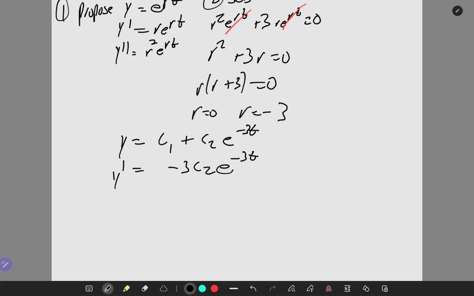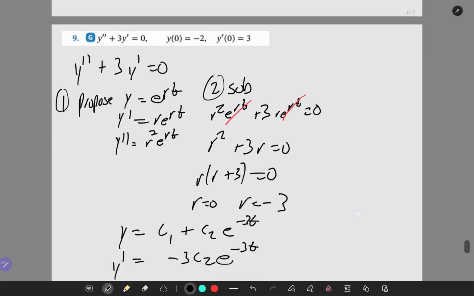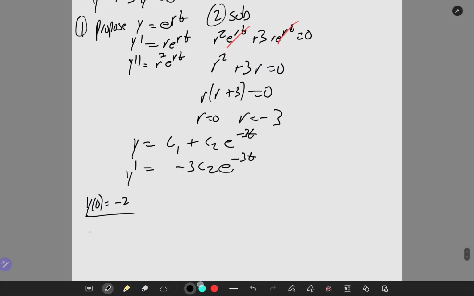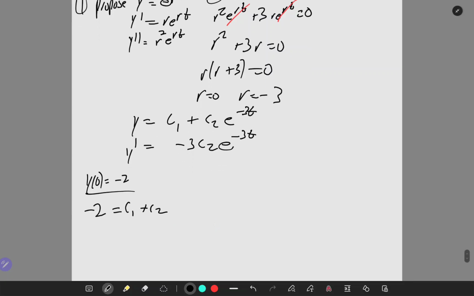So now, let's use our initial conditions. We have y of 0 is equal to negative 2. So that is negative 2 is equal to C1 plus C2. E to the 0 is 1. So this is our equation.